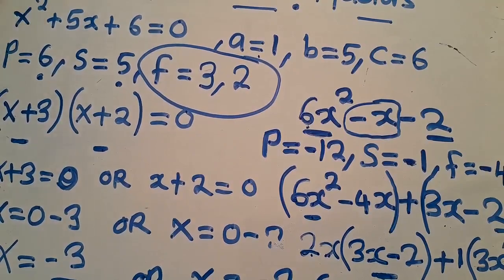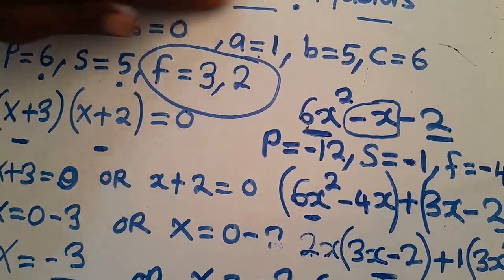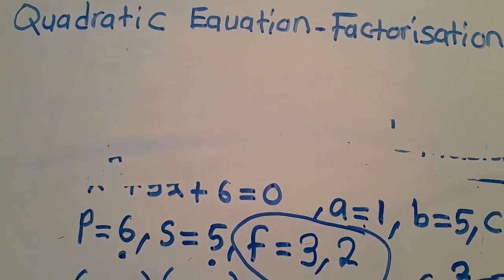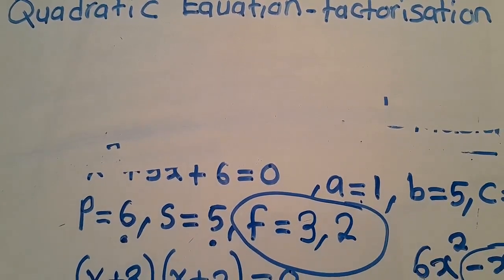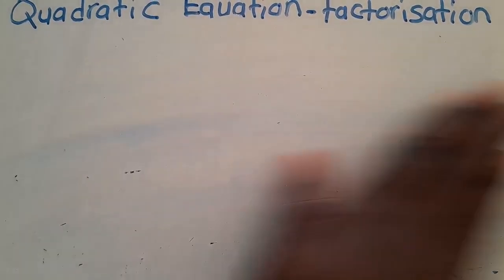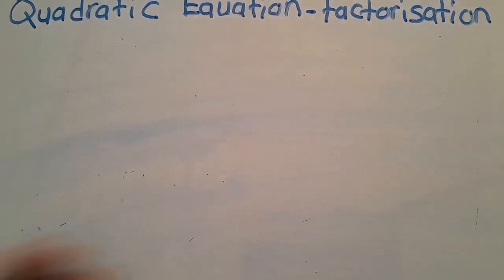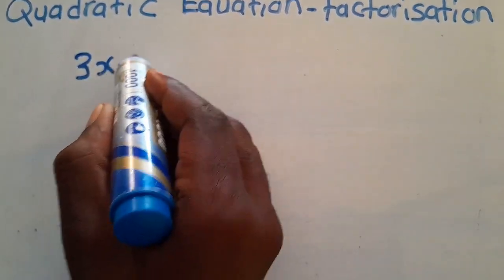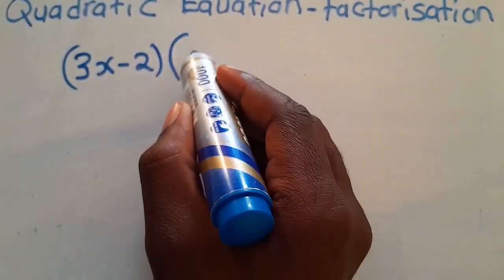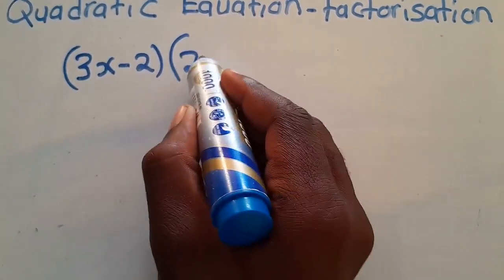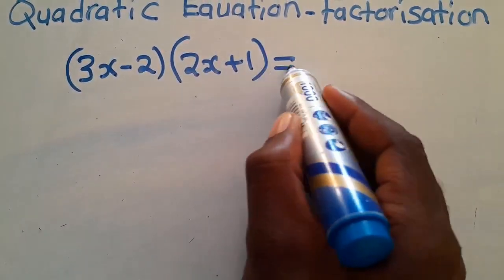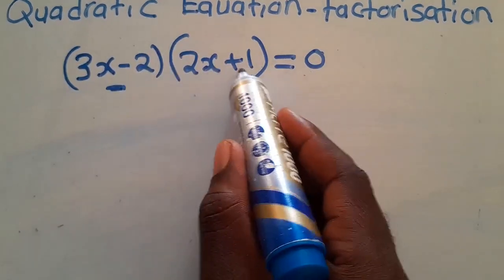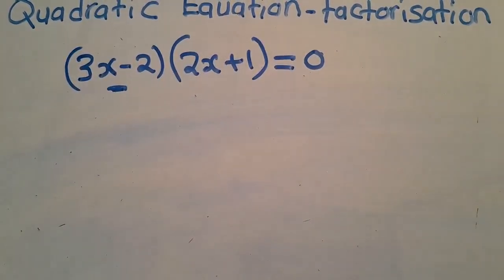So let us continue from here. We've got 3x minus 2, then 2x plus 1, which is equal to 0. Those ones which were the same, then what was outside, you get this.